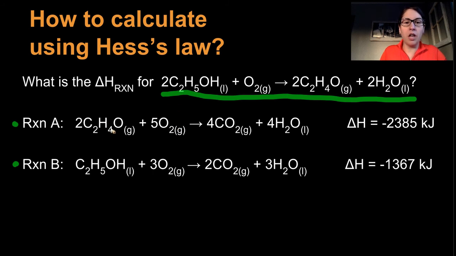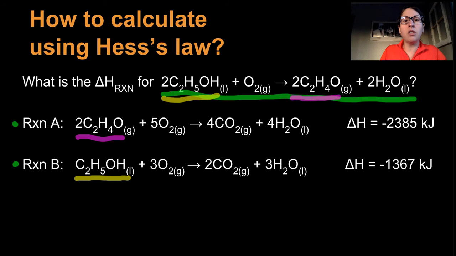So if I take a look, I see that this one is found on the product side. And so I'm going to underline the C2H4O right here, and I see that it's found over on this side, so I'm going to have to do something with this in just a moment. And then let's take a look down here. Well, I see that I have the C2H5OH, and I have that same thing up here, but I have a different amount of them.